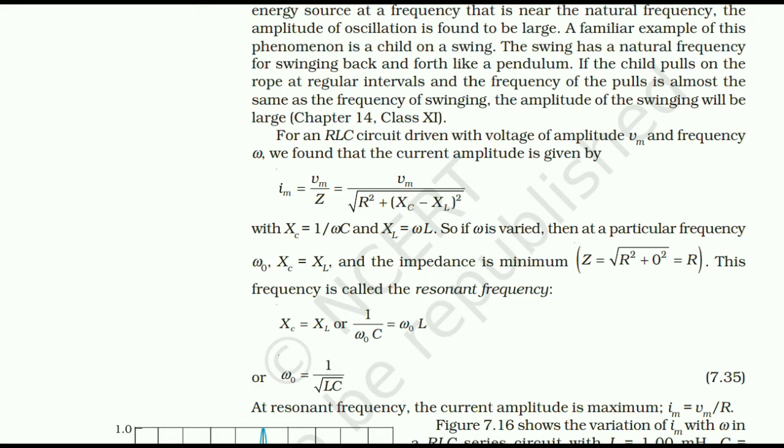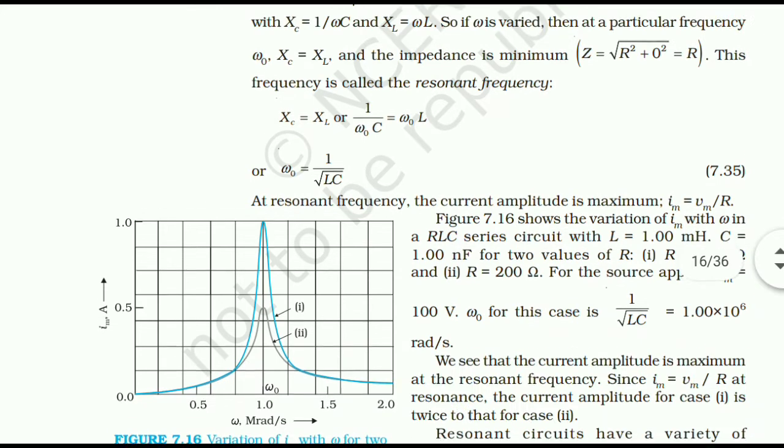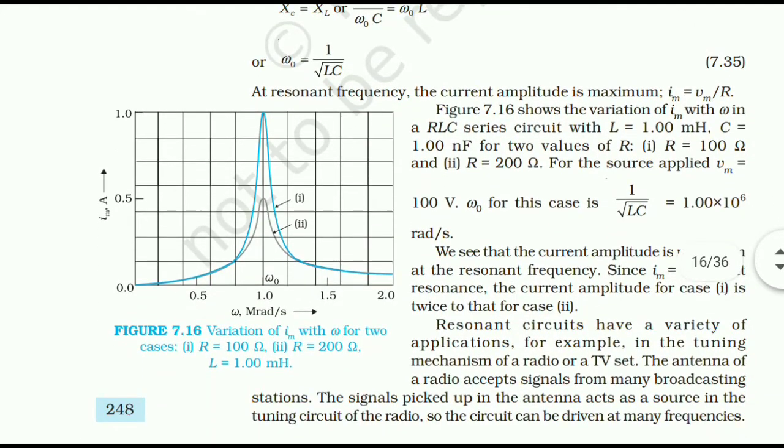This frequency is called the resonant frequency, where Xc is equal to XL, or 1/omega naught C is equal to omega naught L, or omega naught is equal to 1 over under root LC. At resonant frequency, the current amplitude is maximum, that is Im is equal to Vm/R.